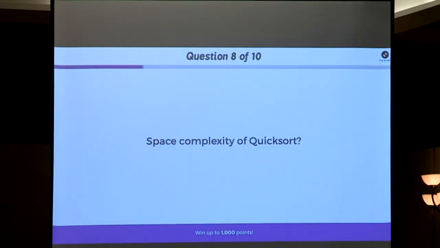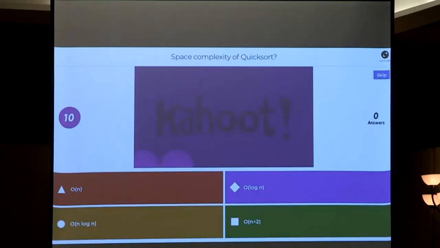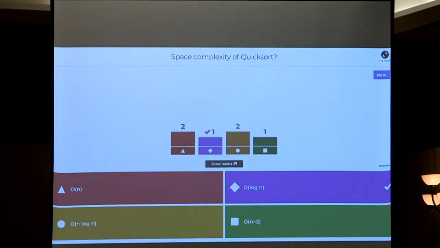The space complexity of quicksort. That's something new to you, right? Space complexity. It's order log n. Why is it order log n?